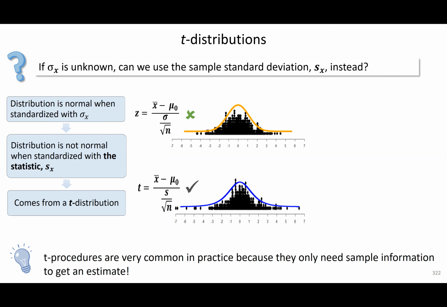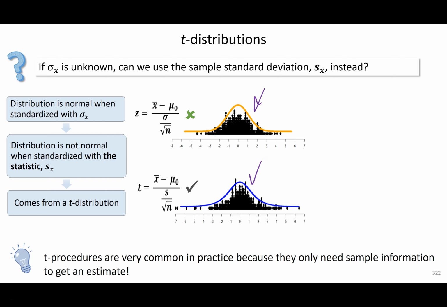So last week when we used Z procedures, that meant that we could assume that the sampling distribution of x bar was normal, and we were able to say, hey, it's centered at this value, it has this standard deviation. We are now going to shift and start using T distributions, which is very, very similar, as you can see in shape, to the normal distribution.